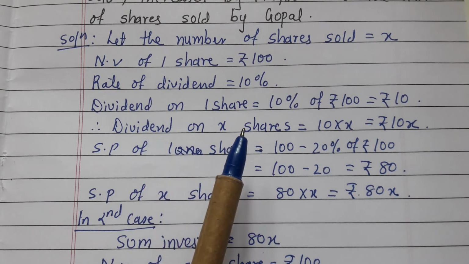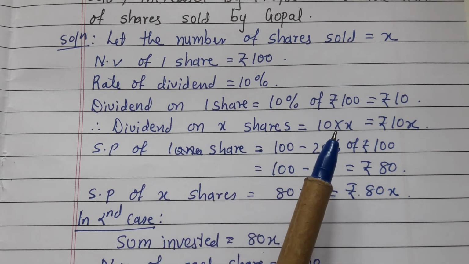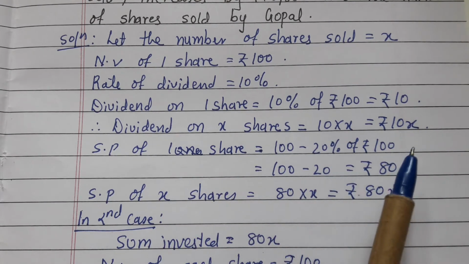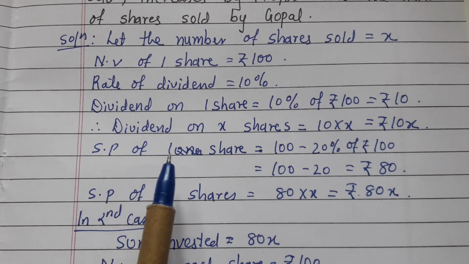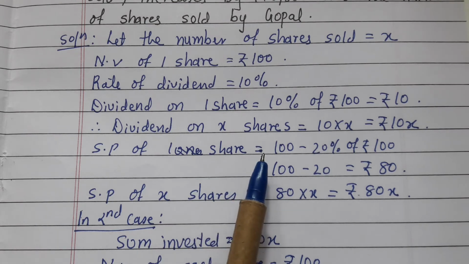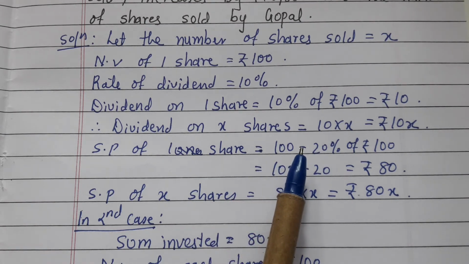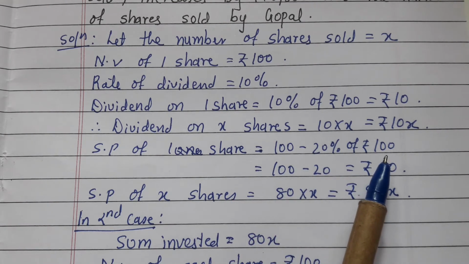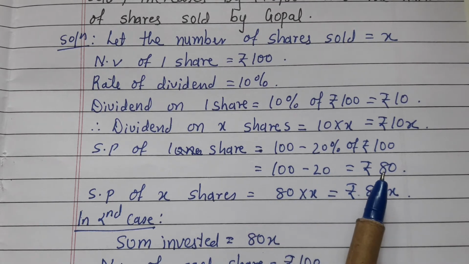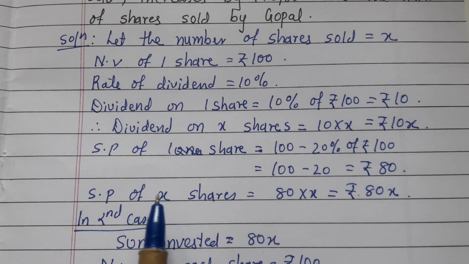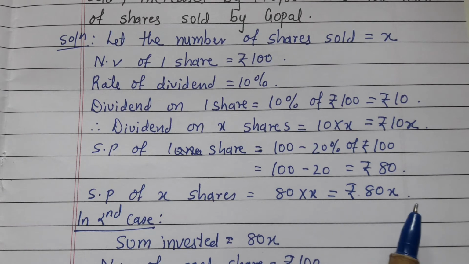Therefore dividend on x shares is 10 into x, that is rupees 10x. Selling price of one share is 100 minus 20% of 100, that is 100 minus 20, rupees 80. Therefore selling price of x shares is 80 into x, rupees 80x.